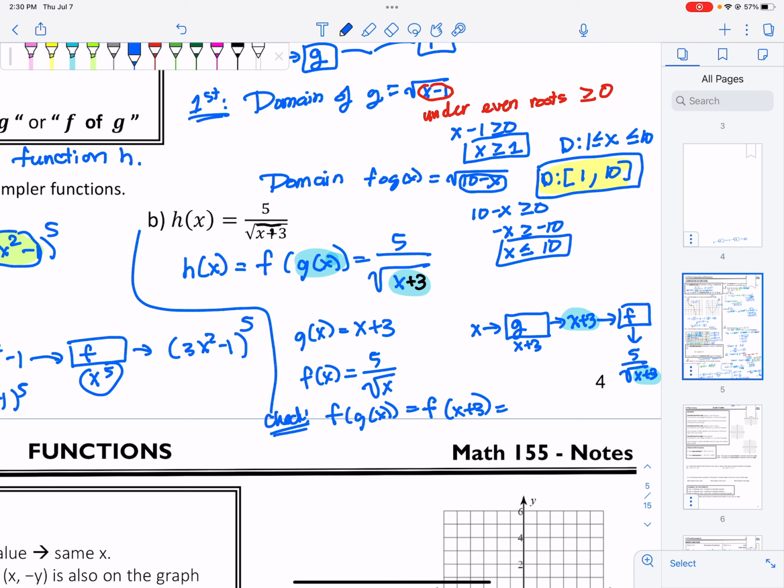Then we put x plus 3 into the function f. I'm going to write out the outline of f, 5 over the square root of the input, and the input is x plus 3.